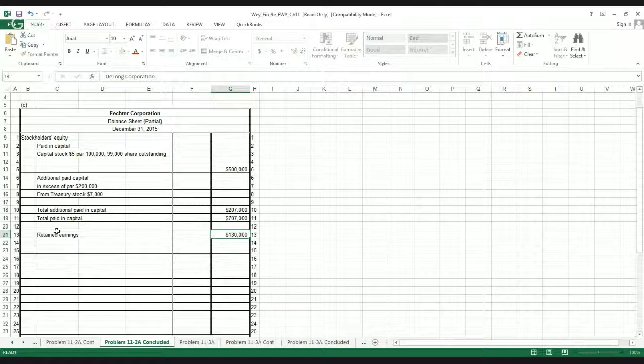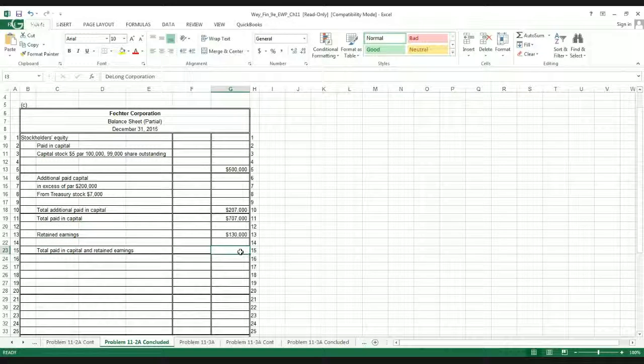So that gives us 130,000 of retained earnings, because we're adding that net income in there to the retained earnings balance that we already had.